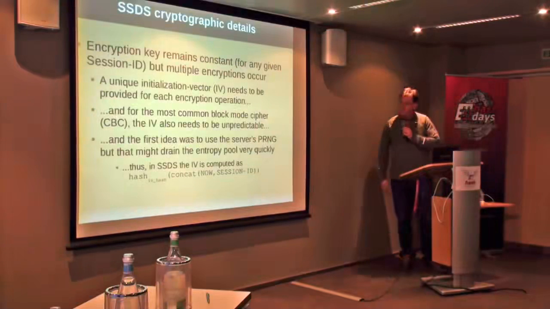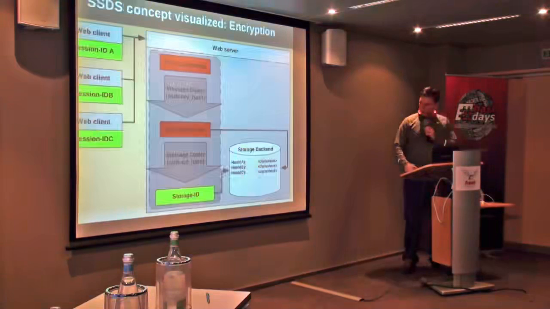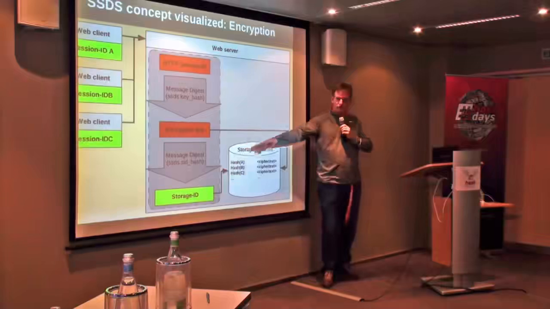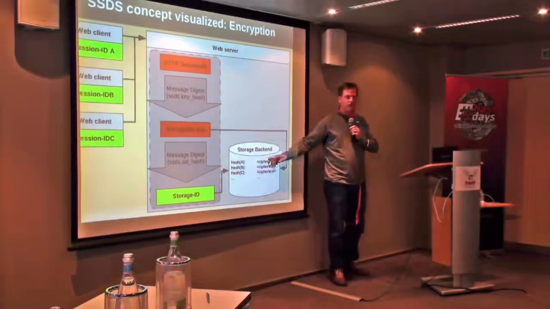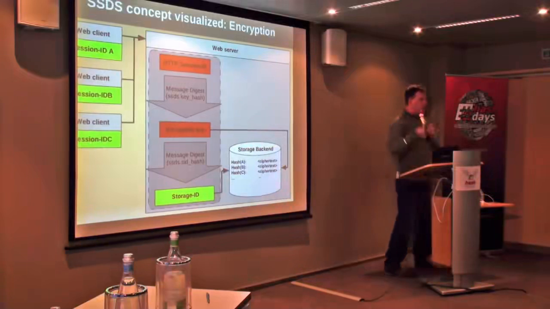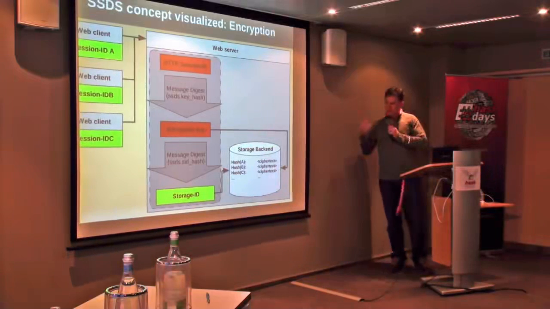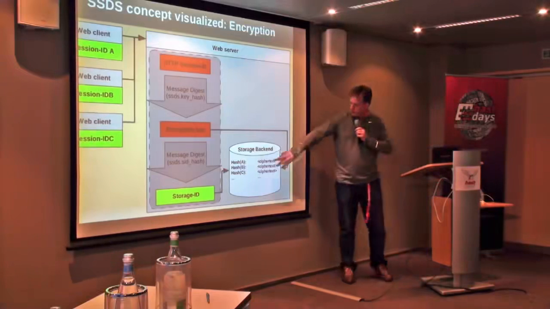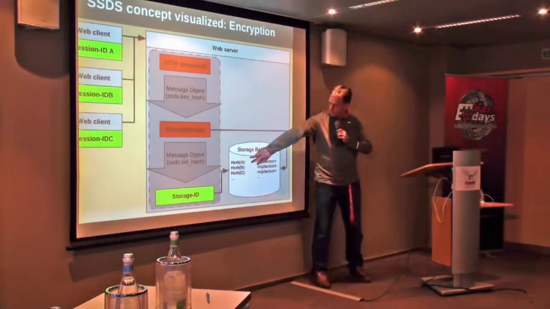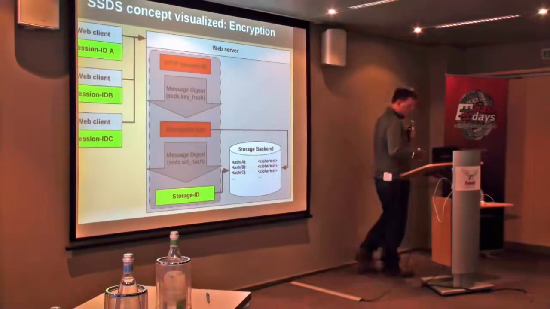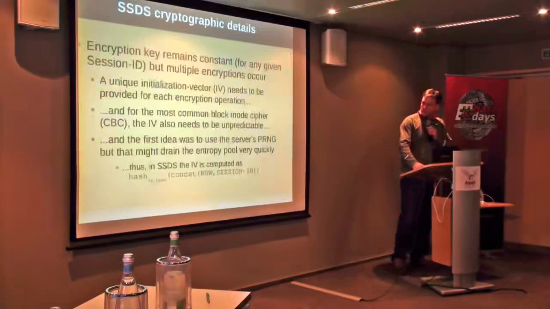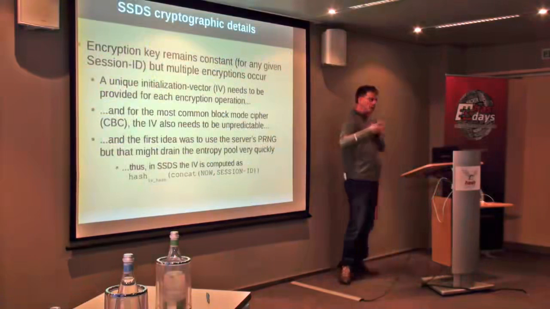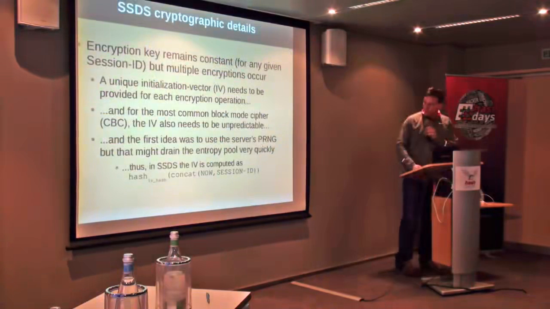There are a couple of issues. One is encryption. You have one key that's constant for the session, but you have multiple data states. You might have a data state of user not logged in, user logged in, user submitted credit card information. All this is different data that needs to be encrypted using the same key. Cryptographically, for encryption like this, you need to provide an initialization vector that makes each encryption run for each state change unique.